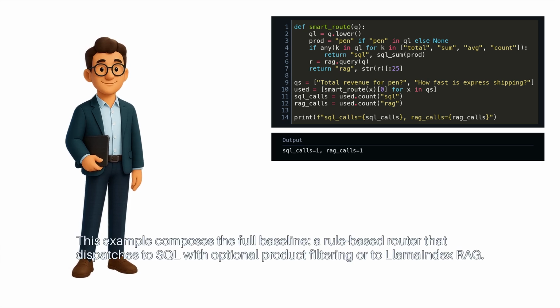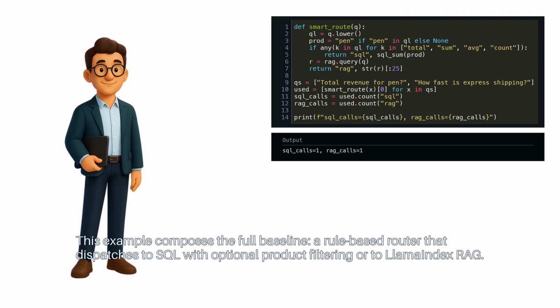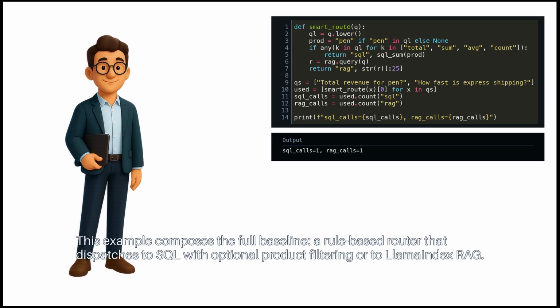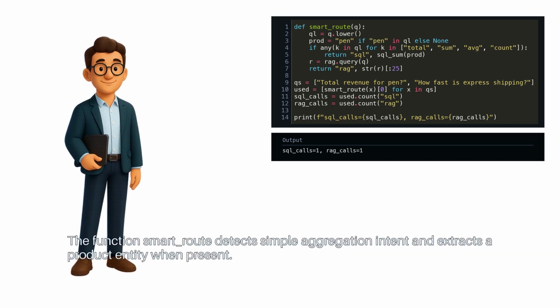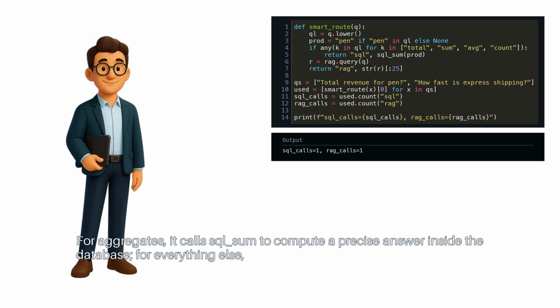This example composes the full baseline, a rule-based router that dispatches to SQL with optional product filtering, or to LlamaIndex RAG. The function smart_route detects simple aggregation intent and extracts a product entity when present. For aggregates, it calls sql_sum to compute a precise answer inside the database.